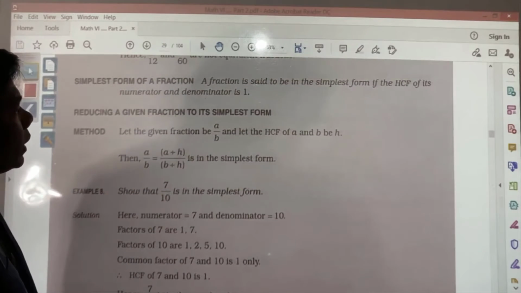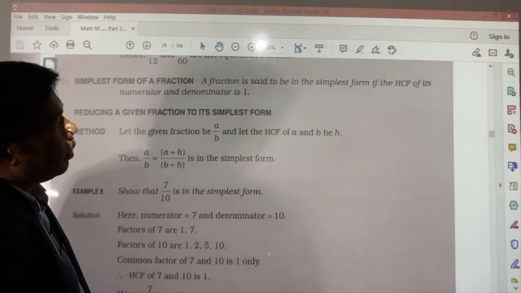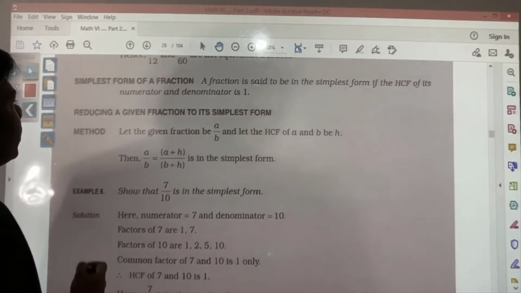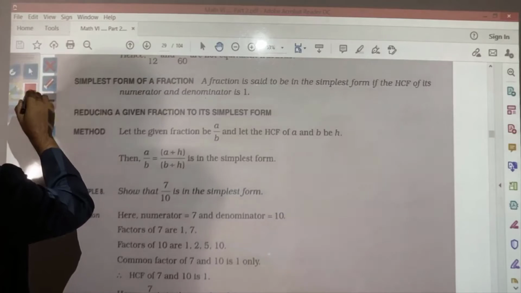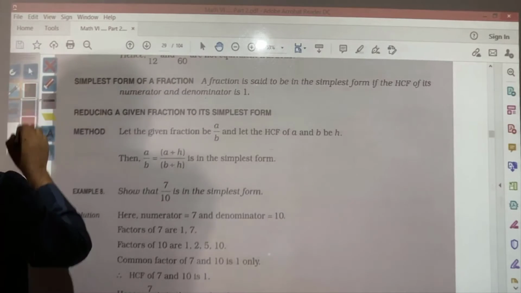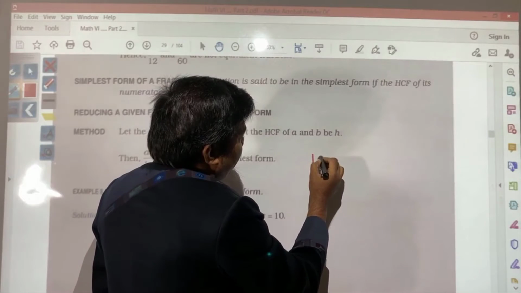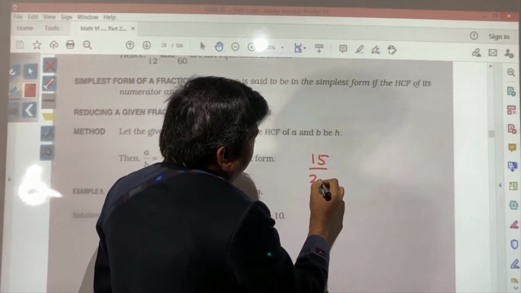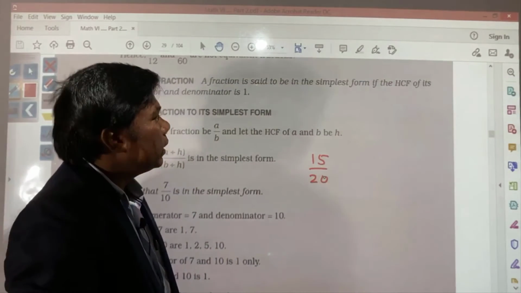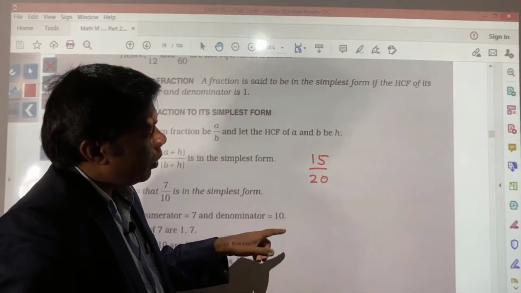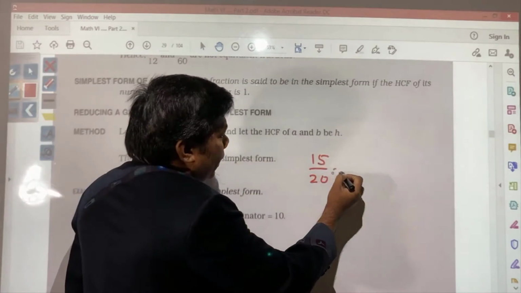Simplest form of a fraction. A fraction is said to be in simplest form if the HCF of its numerator and denominator is 1. Suppose you have 15 by 20. Now see, is this in the simplest form or not? Just factorize 15.